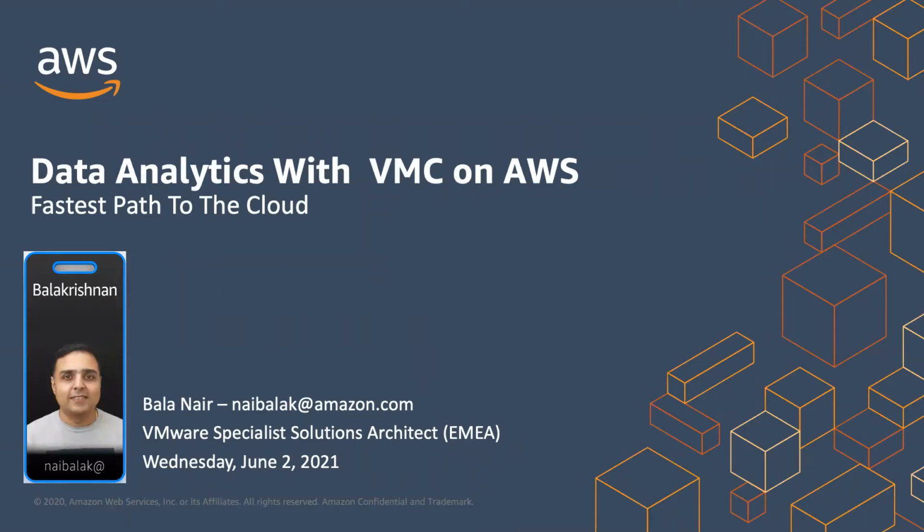Without having to re-architect or re-platform your application or workloads, you will be able to seamlessly access some of the native services on AWS. You will get an overview of what VMware Cloud on AWS means, how it is built and configured, and how it connects into the AWS side of things.